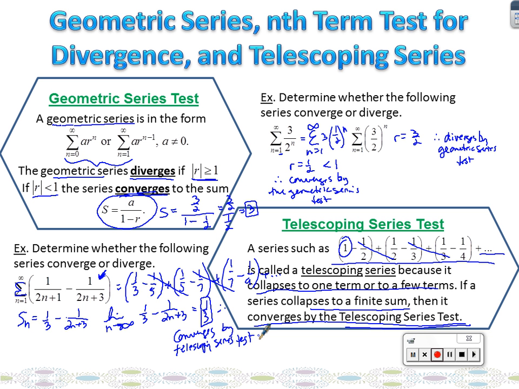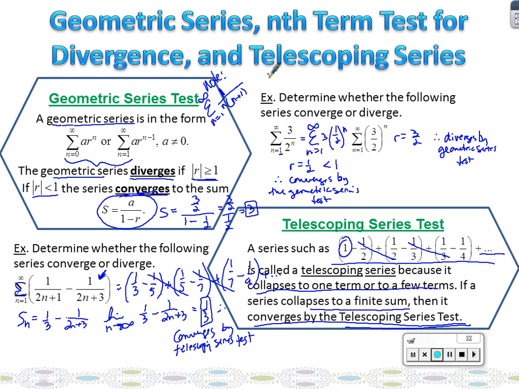Now I need to point out, sometimes these telescoping series are hard to determine. So make yourself a note somewhere, this is a kind that I don't have on here to do an example of, but you certainly may come across it. So it could look like this: the sum where n equals 1 to infinity of 1 over n times n plus 1. This one is kind of disguised. It doesn't look like it would be telescoping.